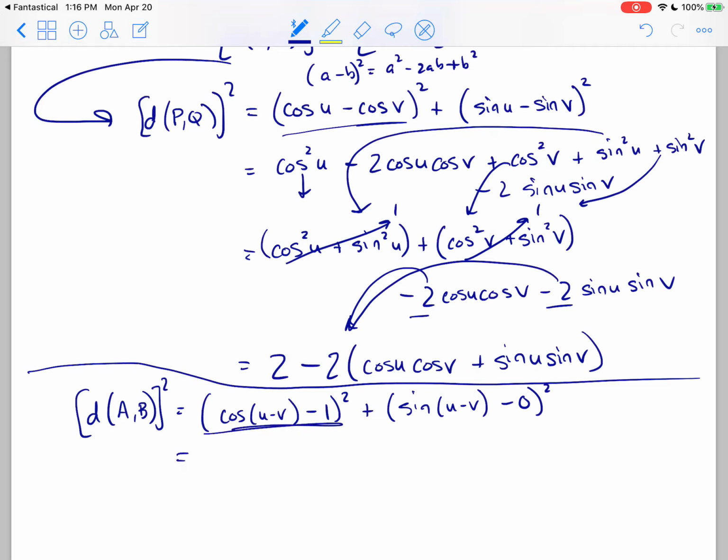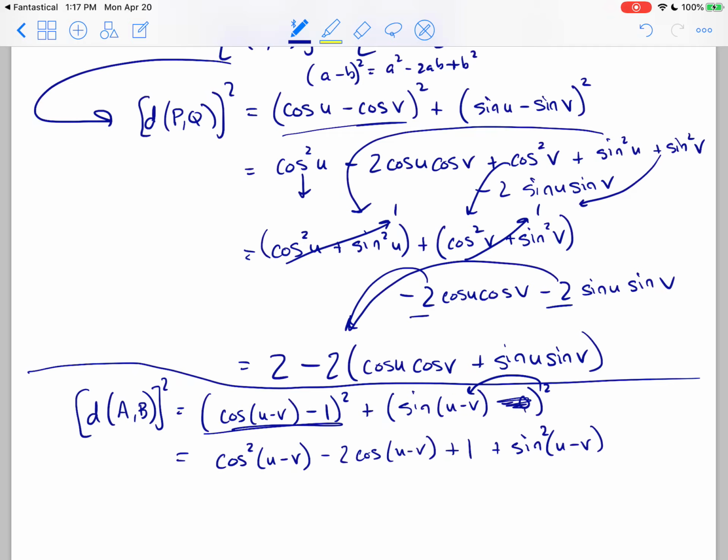And so I can multiply out this term. That's going to give me cosine squared of u minus v minus 2 times cosine of u minus v, and then plus 1. And then we have just sine squared of u minus v, because this 0 isn't really there.